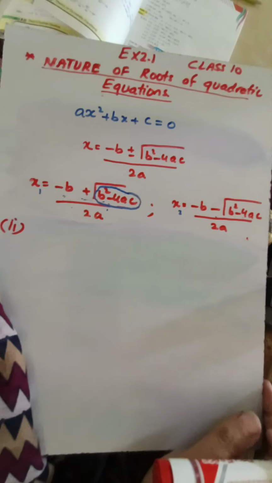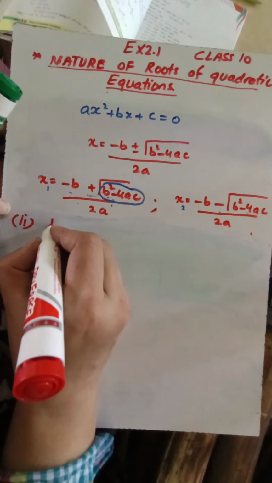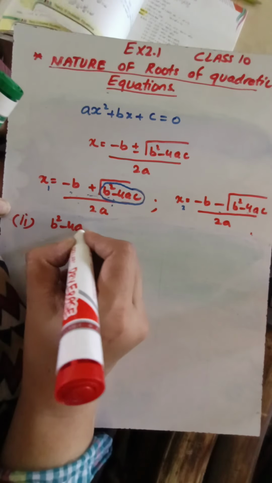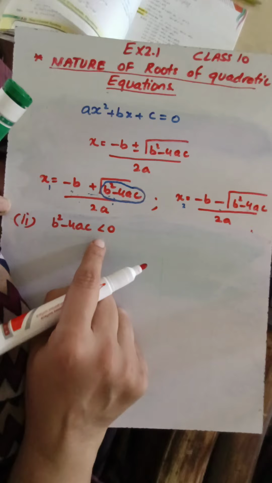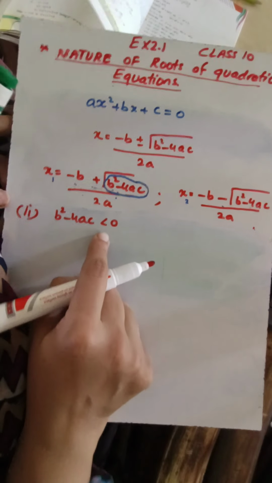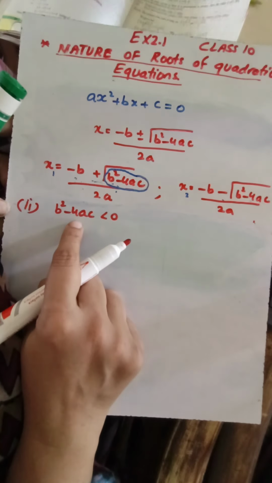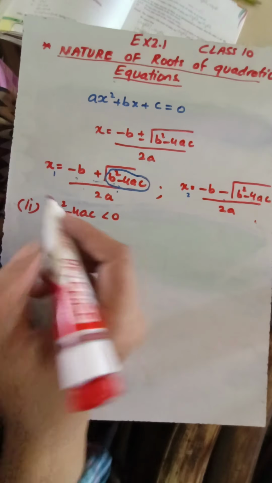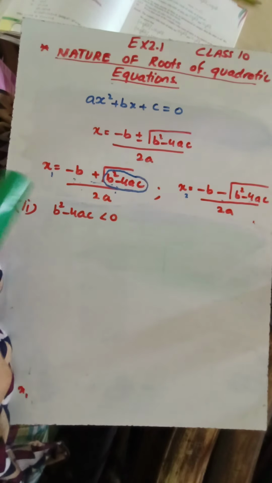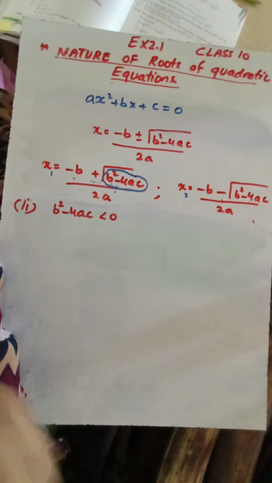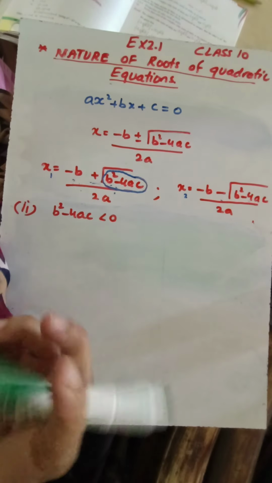The second case was: what happens if b square minus 4ac is less than 0? Less than 0 means it will be a negative number. If b square minus 4ac is a negative number, then what will be its root?